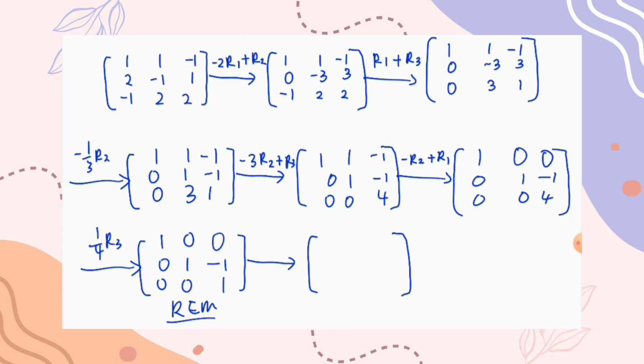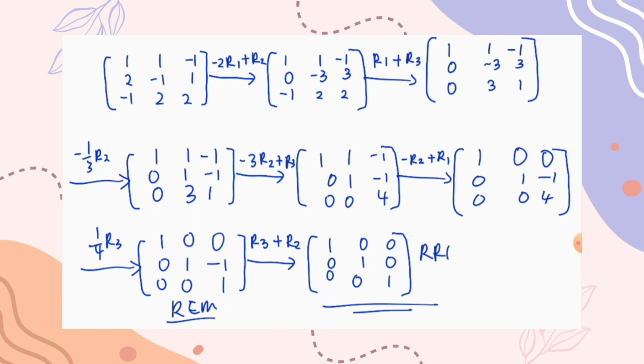However, we actually want to reach our RREM at this point. So we have an extra step right here to change this negative 1 into a 0. We can do this by putting in R3 plus R2. And this will give you an RREM matrix. There you go.